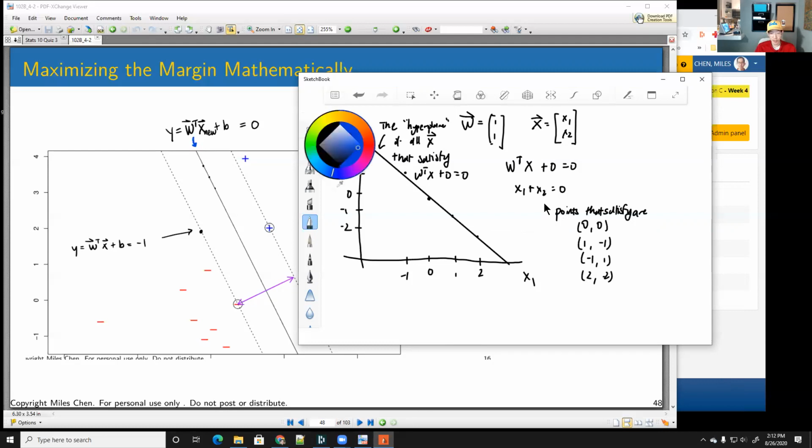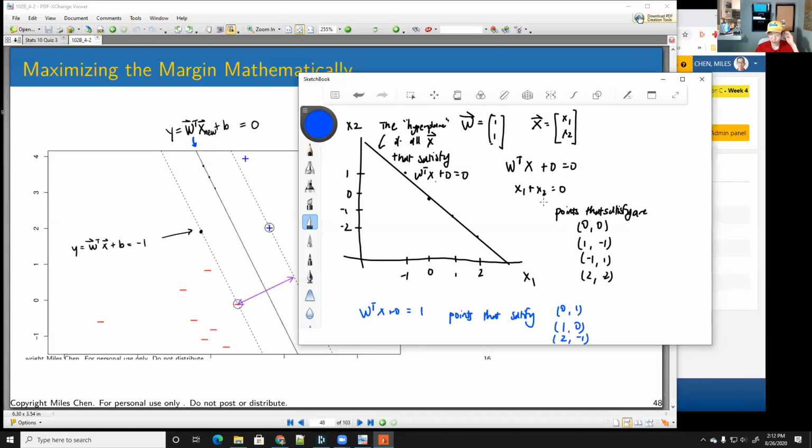If I say, let's have another line, W transpose x plus 0 is equal to 1, then the points that satisfy it will be (0, 1), (1, 0), (2, -1), and so on and so forth. And you're going to get a line that's parallel like this, okay?